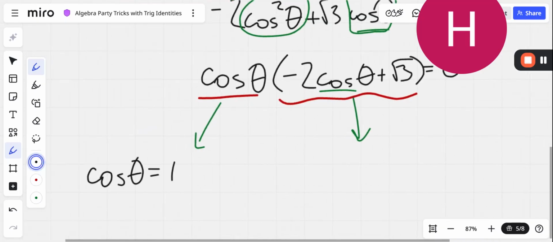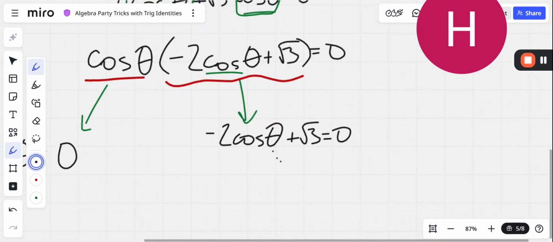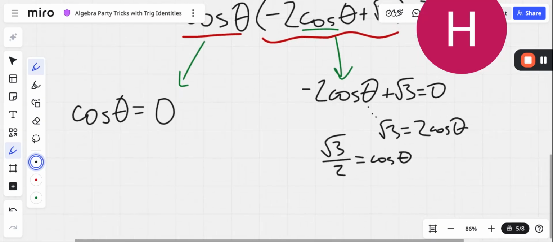So that means either cos theta equals 0 or this expression equals 0, which could be moved around a little bit. We can manipulate things a little. And it would say that root 3 equals 2 cos theta, which means root 3 over 2 equals cos theta. So we can work with that.